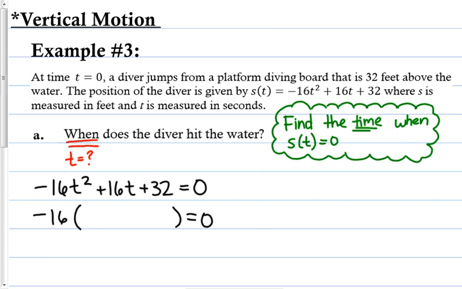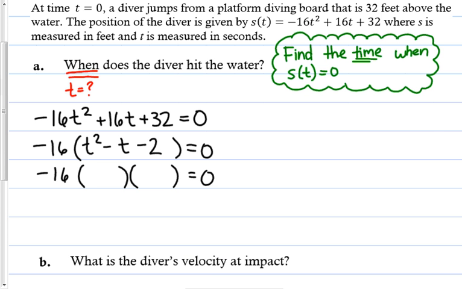I'm left with t squared minus t minus 2 on the inside. Now I need to factor. I need two numbers that multiply to negative 2 and add to negative 1. So I have t plus 1 and t minus 2.